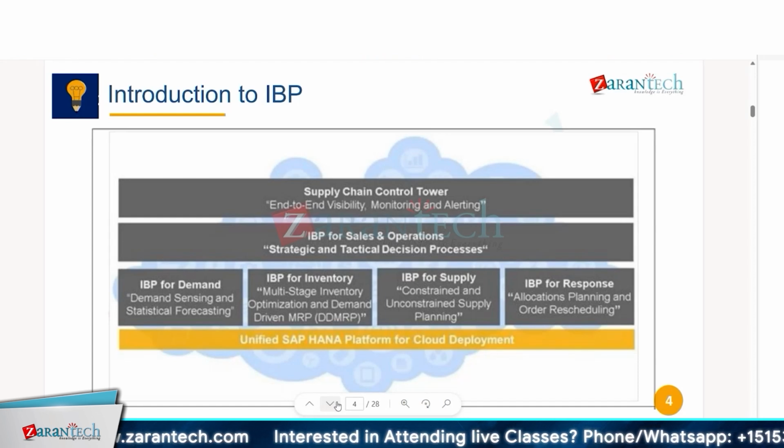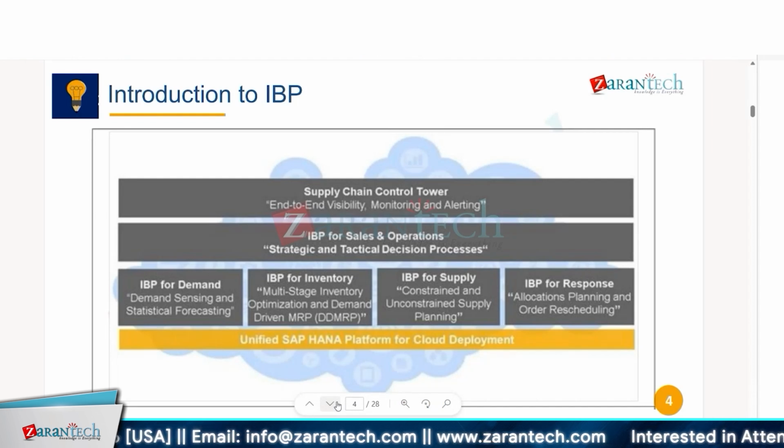What they do is challenge the statistical forecast vis-a-vis the forecast which was given by the sales team, and then they agree upon the final forecast. This final forecast is what we call a consensus forecast. Consensus forecast is basically the agreed forecast between the sales team and the demand planning team.